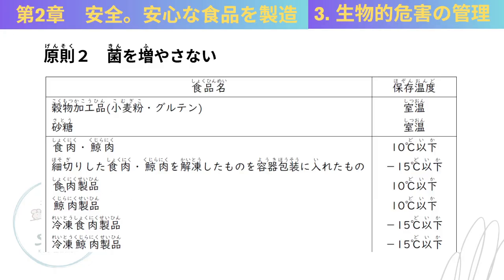The same thing for Kuiraniku Seihin, the whale meat product. You can store it at 10 degree or below. About the cooling food for normal meat and whale meat, we have to store them at minus 15 degree or below.